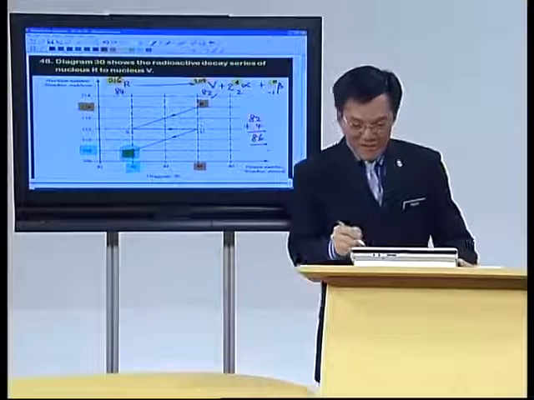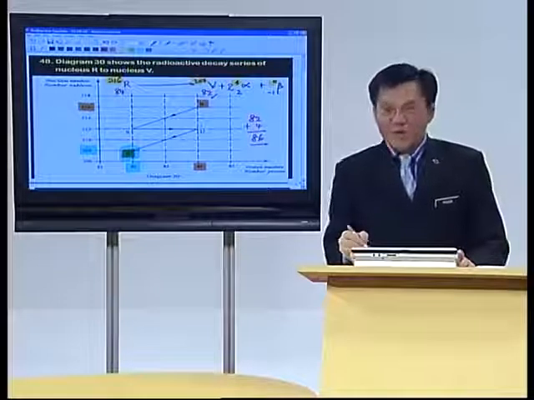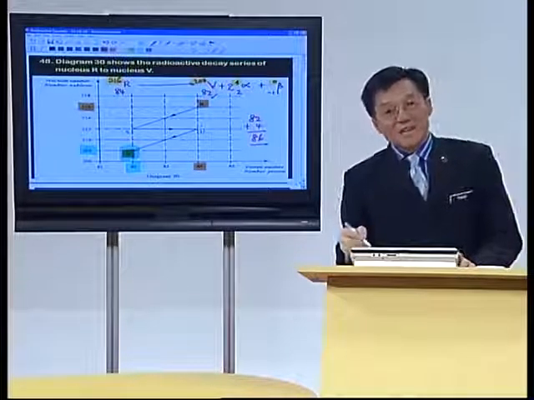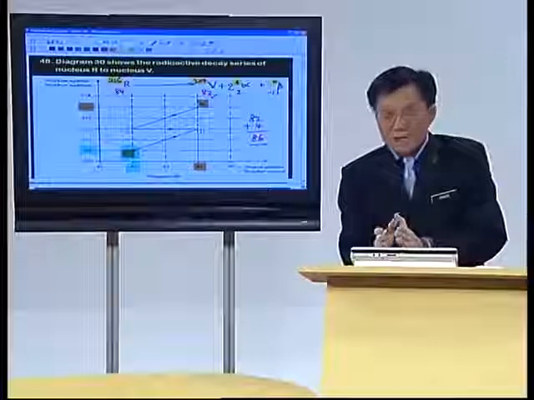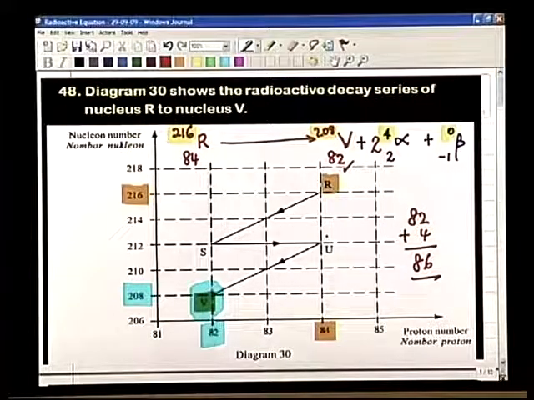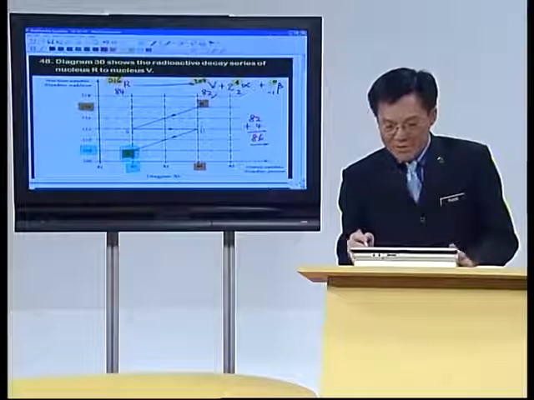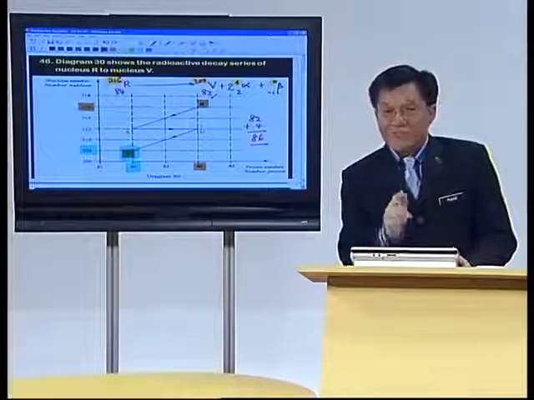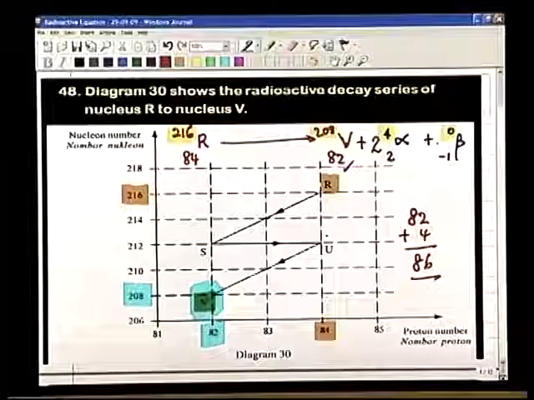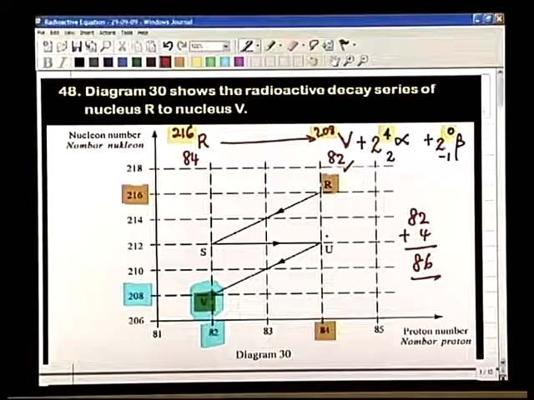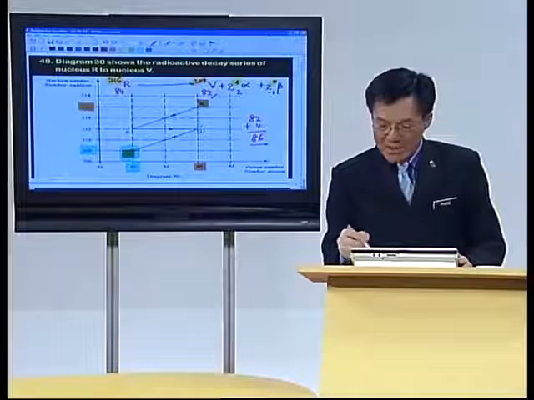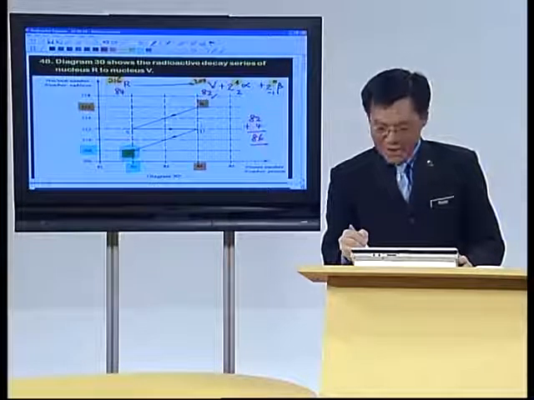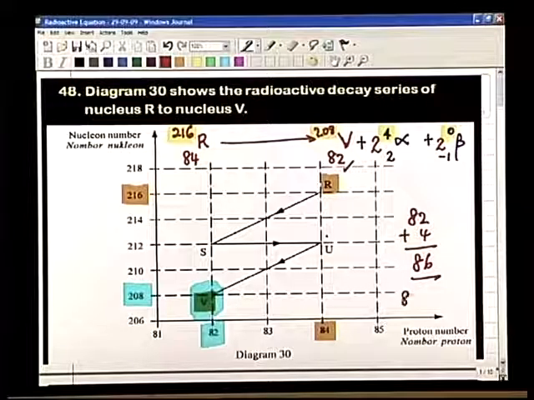Don't worry, we have beta to rescue us. Alright. So how many beta particles must I have so that the total proton number on the right-hand side will give me 84? So again, you would know that it is 2 beta particles. So when I have 2 beta particles, 2 multiplied by -1, I have 86 minus 2.